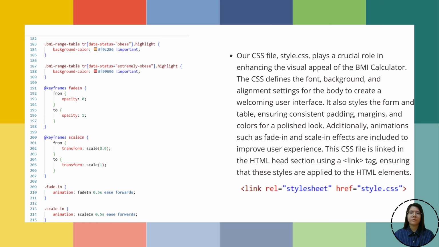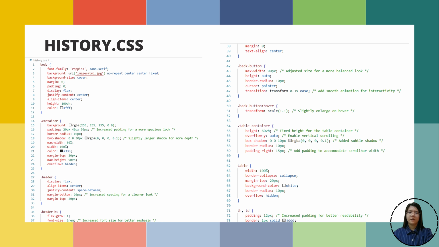It also styles the form and table, ensuring consistent padding, margin, and color for a polished look. Additionally, animations such as fade-in and skew-in effect are included to improve user experience. This CSS file is linked in the HTML head section using a link tag, ensuring that these styles are applied to the HTML elements.